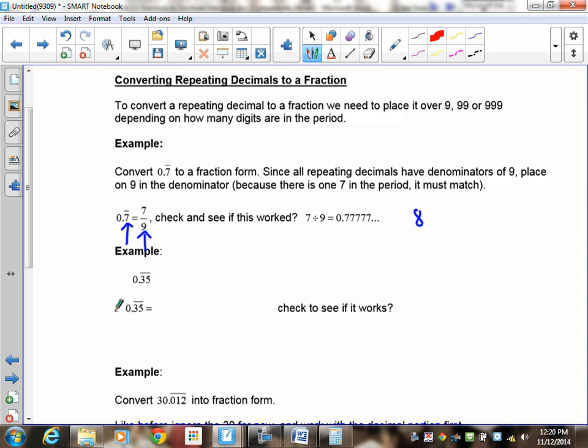So this is the rule you have to use. Identify the period. Once you know what the period is, you put a 9 down for every digit that's in the period. So for example, 0.35 repeating, the period has 2 digits in it, a 3 and a 5. That means you're going to have a 99 on the bottom. 1 9 for the 3 and 1 9 for the 5. Of course, the 35 comes and stays there.